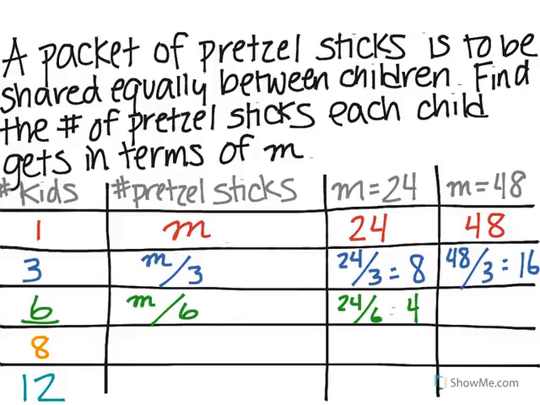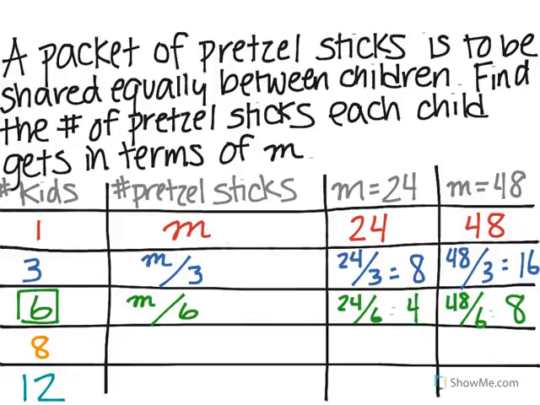And substitute 48 in for m. And we're going to divide that by 6 as well. Equals 8. So when there are 48 pretzel sticks, each child, when there are 6 children, gets 8 pretzel sticks.